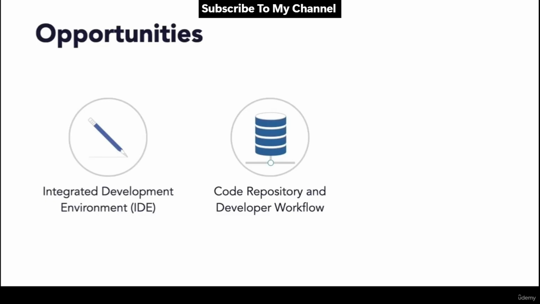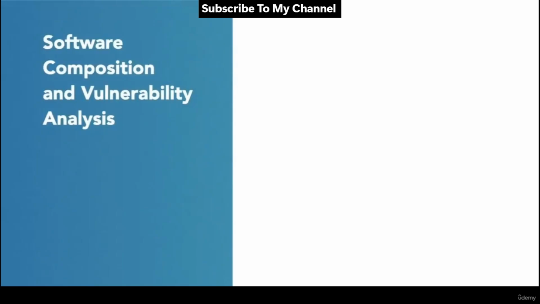This will give you the option to scan the code with every pull or merge request. If you're running a continuous integration pipeline, there is another opportunity to run the scan in the pipeline immediately after the code commit.